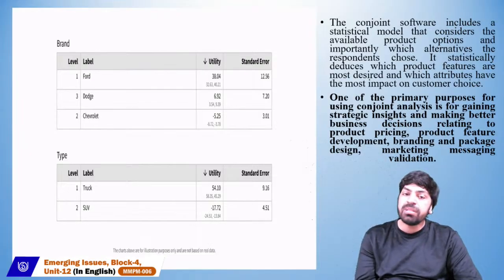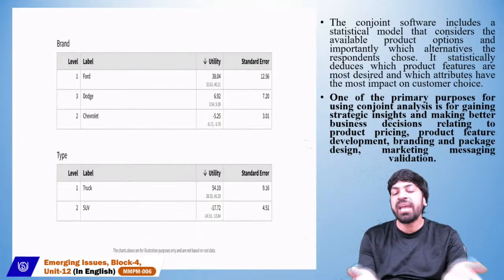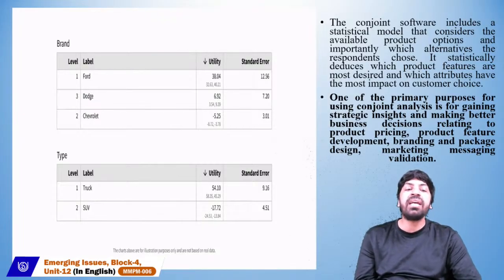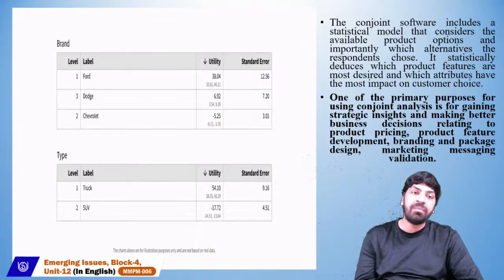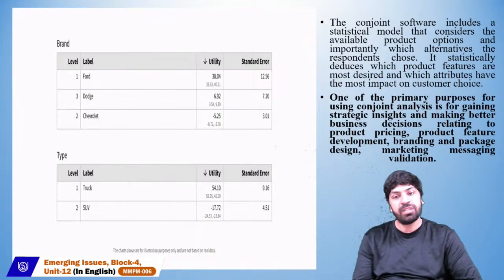Same in the type also, as the utility of the vehicle has been reduced, so definitely the type, the truck and the SUV, is also decreased. And ultimately, the standard error is also decreased. That means there is a strong correlation between the type of the levels and the vehicles, and their usage.